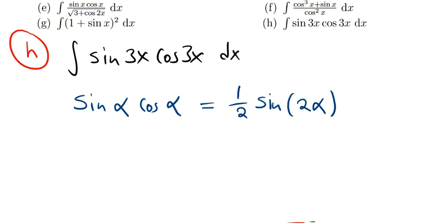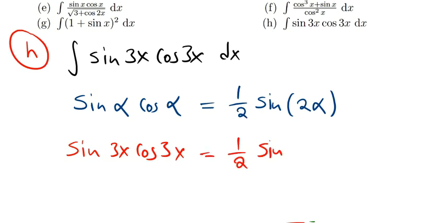Now when you've got 3x there, what happens? So sine, if you substitute 3x, it becomes 1 over 2 sine of, where there is 2 to be doubled. Okay, so it becomes 6x.